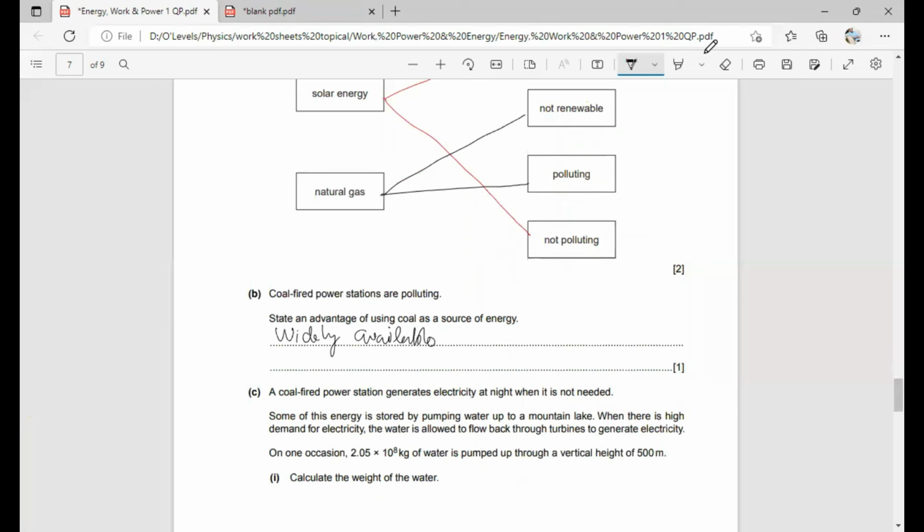But now we cannot say that coal is less expensive, because coal is very expensive nowadays. So that reason is gone, the one in which we used to write relatively cheap. We can write widely available, and can be used on a large scale.